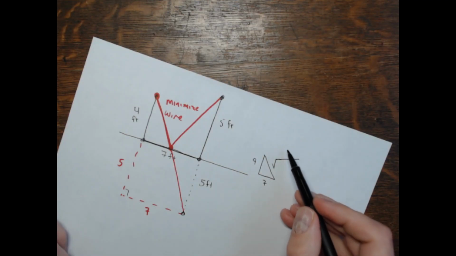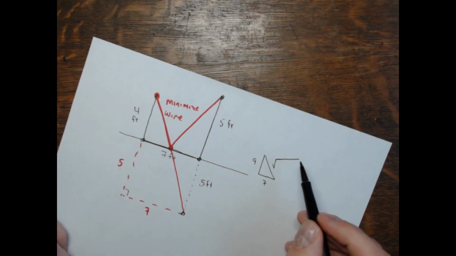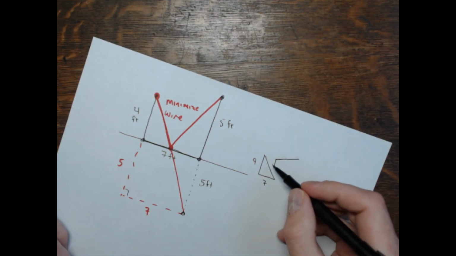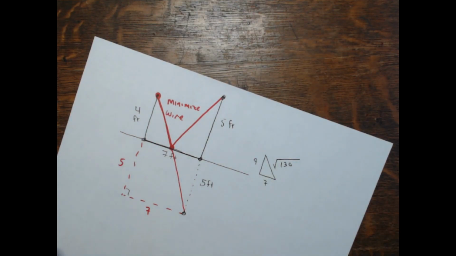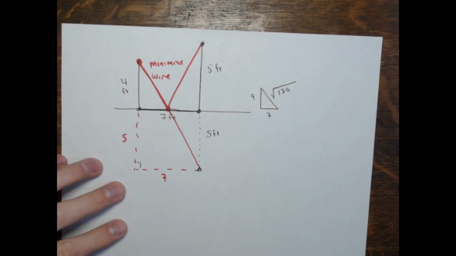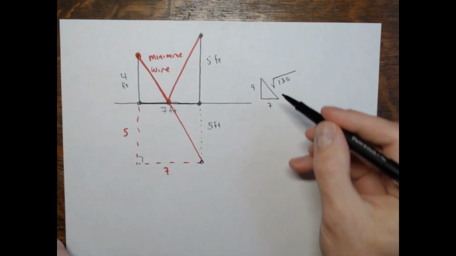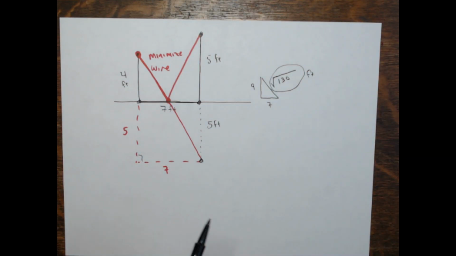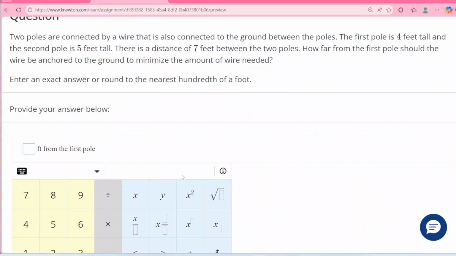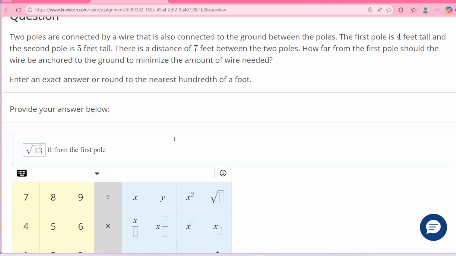So the minimal length of wire from here to here to here, 81 and 49, 130, right? Square root of 130, which again, not always square root of 130. It just happened to be the square root of 130 for both of these. So the minimal distance is the square root of 130 feet. Let's enter an exact answer or round to the nearest foot. So I'll just put the square root of 130.